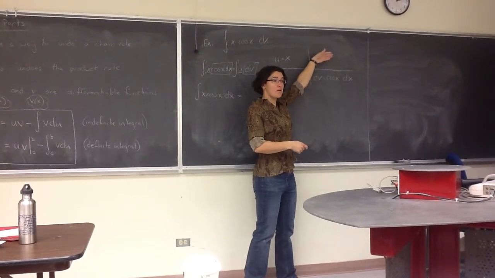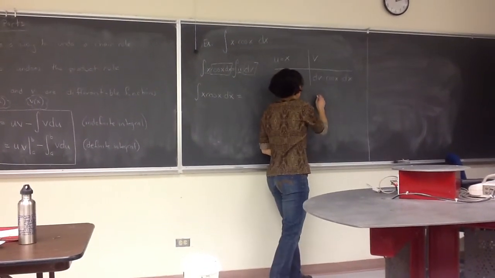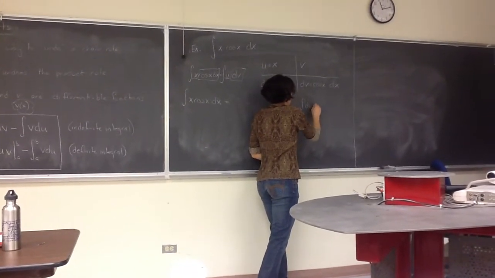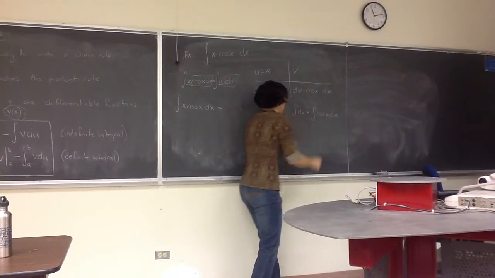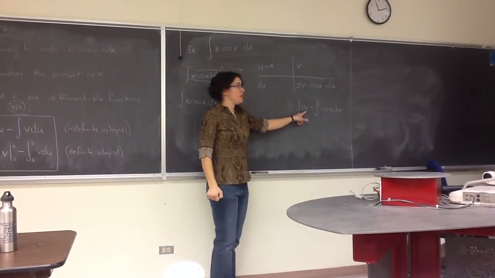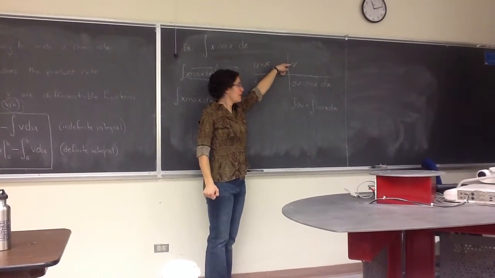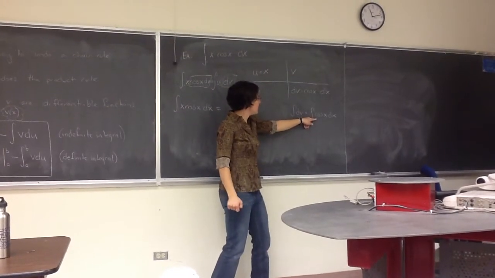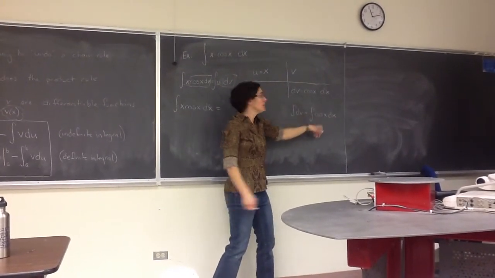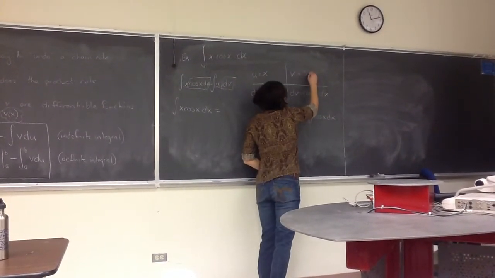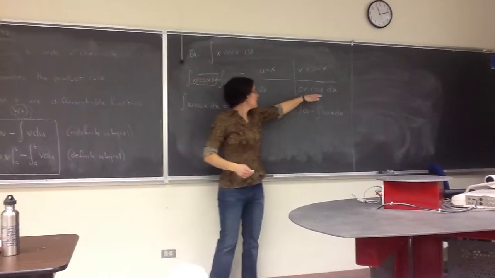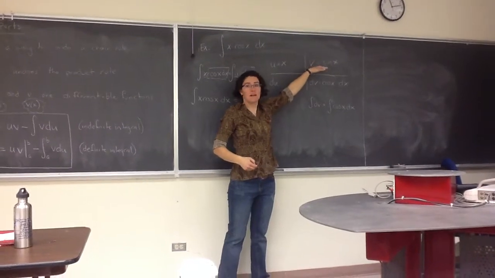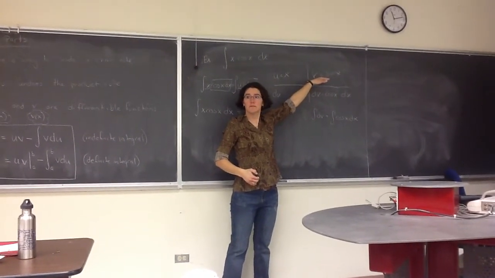To go backwards, I'm going to integrate. The antiderivative of dv is v. The antiderivative of cosine of x is sine x. So here, to get my v, I need to find the antiderivative of cosine x.